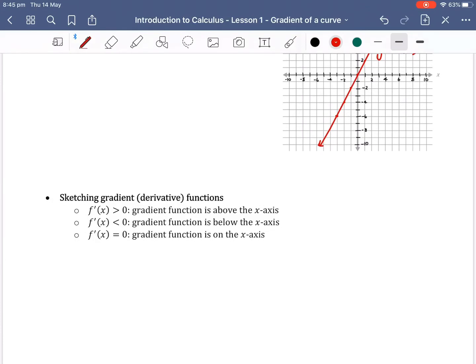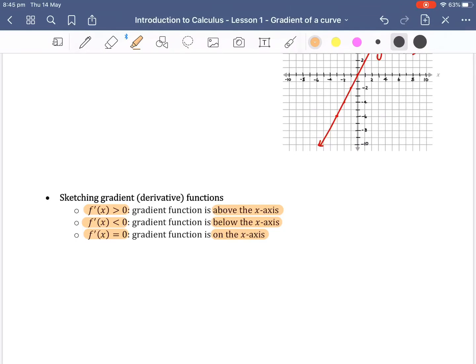When f dash x is greater than 0, the gradient function is above the x-axis. When f dash x is less than 0, our derivative, our gradient function is below the x-axis. And when f dash x equals 0, our gradient function is on the x-axis.